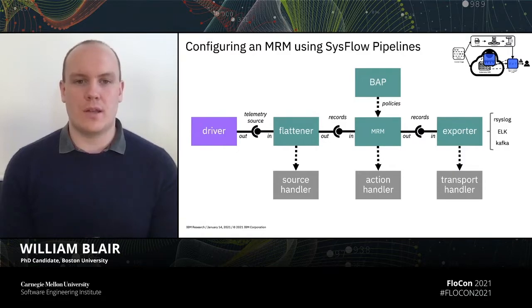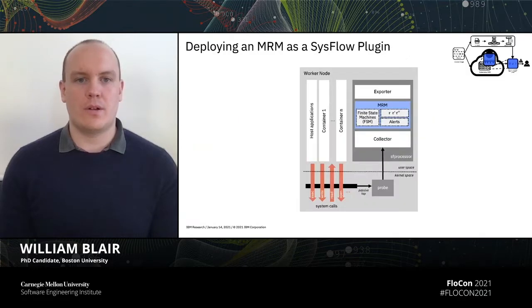Now with this configuration in place, SysFlow will emit records to our MRM, and the MRM itself sits between the collector and the exporter inside the SF processor. In the previous talk we saw the policy engine sitting in this place; we now have an MRM sitting in the same location that reads in all of the records produced by SysFlow.